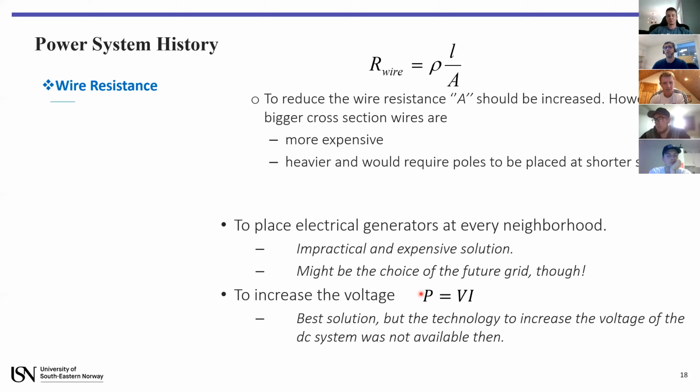So we know that if Edison increased the voltage, he could increase the power. Why didn't he do that? He could use the transformer to increase the voltage.